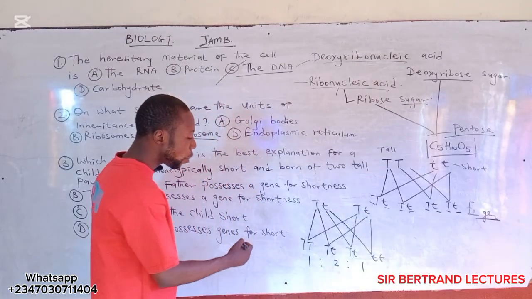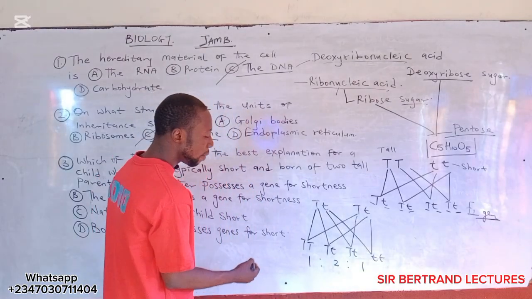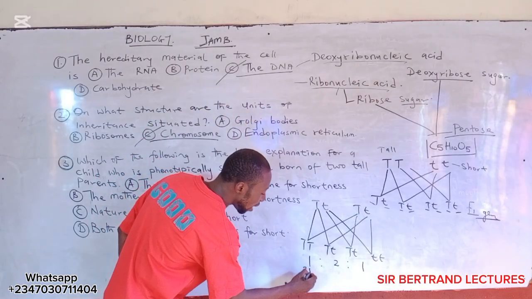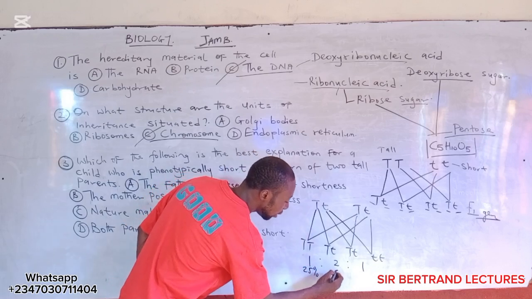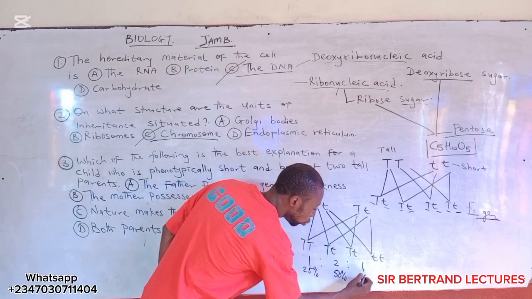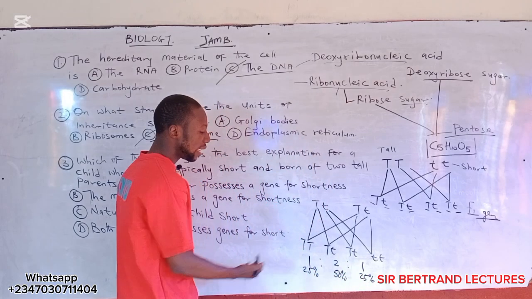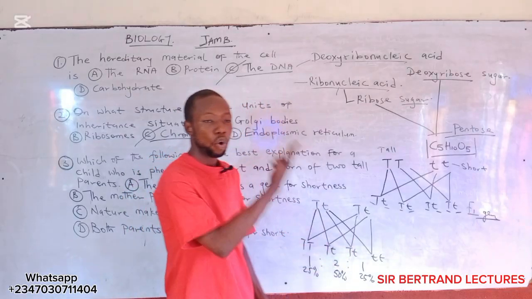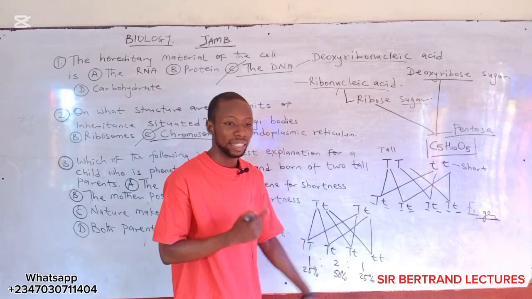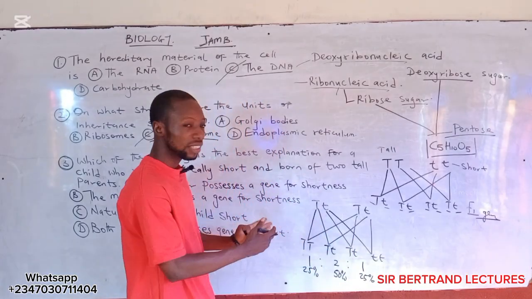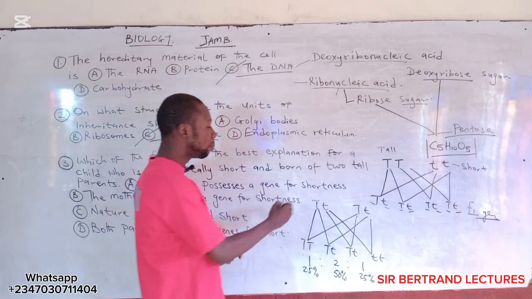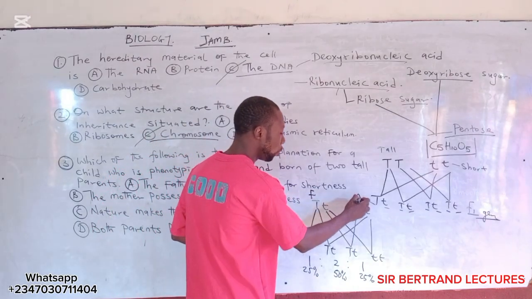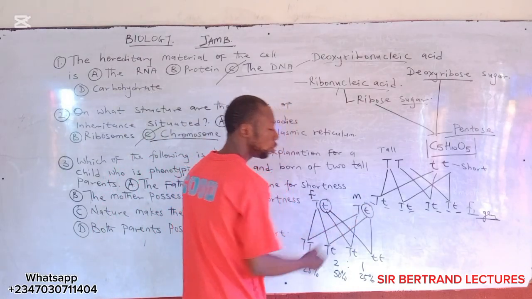After which he stated that their probability here is 25%, 50%, and 25%. Three of the offspring are tall, but one is short. If you look at this, you will understand that both the father and the mother have the gene for short.